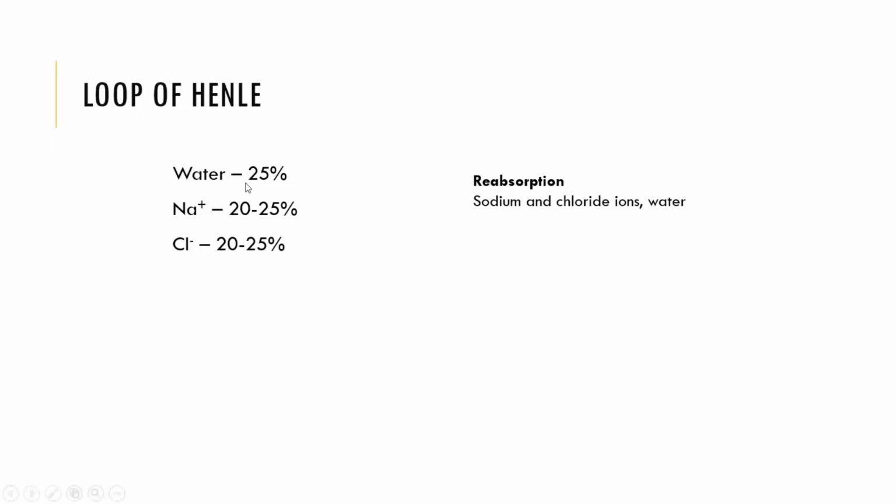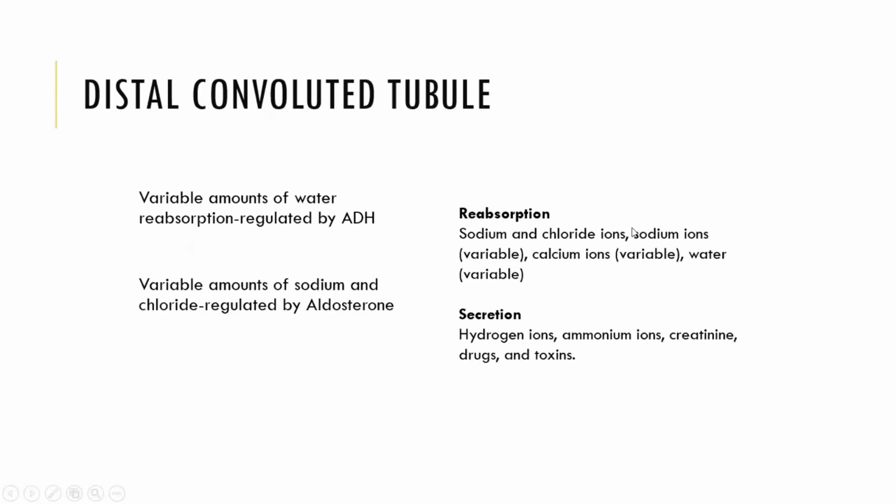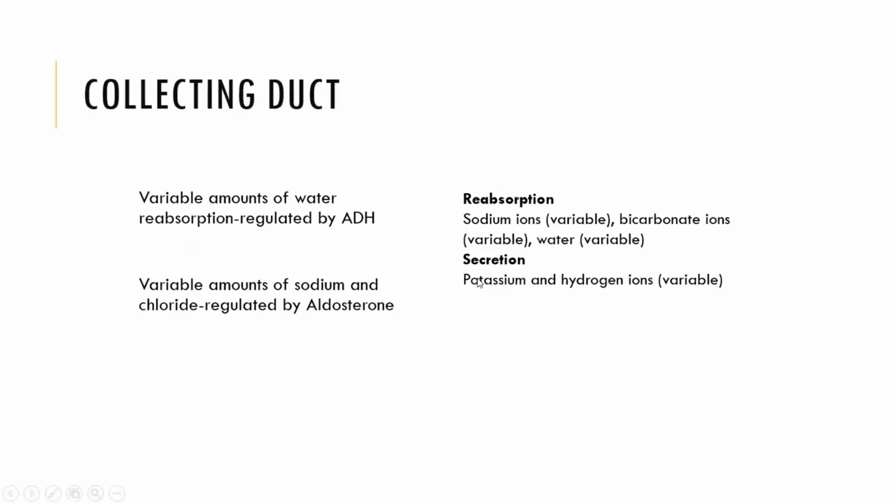And there's its composition, along with what it's responsible for reabsorbing. And then a little bit more about DCT, distal convoluted tubule, with what it reabsorbs and secretes. And then further information about the collecting duct, and once again, what it reabsorbs and secretes.